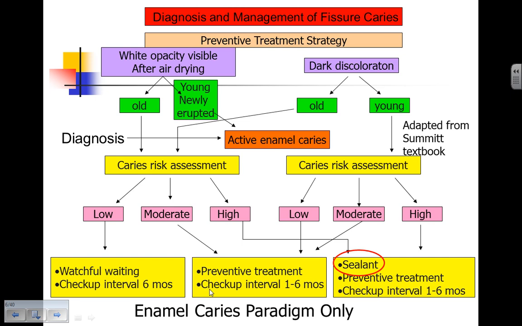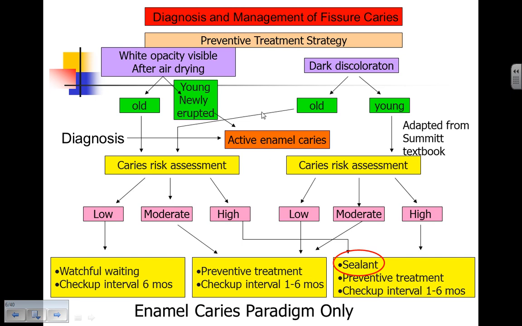We're going to do more frequent checkups, so maybe every 1 to 6 months, depending upon the risk and the progression of lesions within the mouth. For the high risk, we're going to intervene to pits and fissures with a sealant, a more invasive treatment, a restorative treatment. Our preventive treatments of fluoride varnishes, fluoride toothpaste, fluoride mouth rinses are in place, and a more frequent checkup of 1 to 6 months.